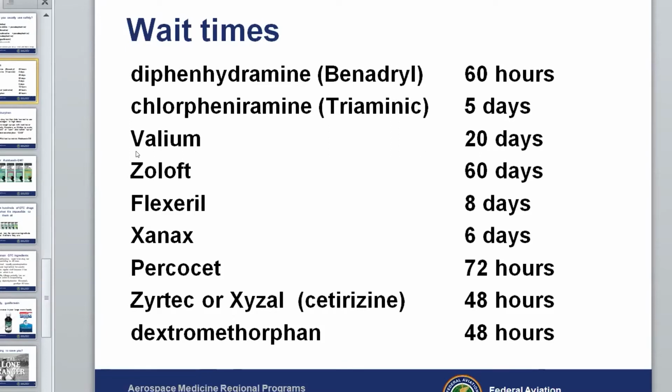Some of these pills are big enough that you can cut them in half. Let's just say Zyrtec, and cut that in half. Does that change the numbers? Not really, because even though it's less milligrams, the half-life hasn't changed. So some of that medication is going to be in you for that period of time.